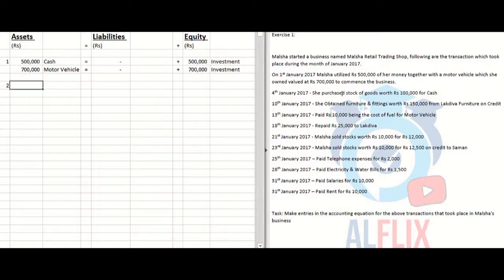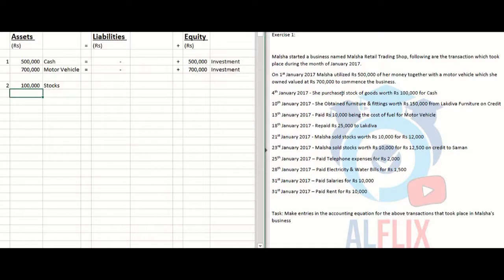purchasing of stock. Stocks would increase assets worth 100,000 rupees in terms of stocks.